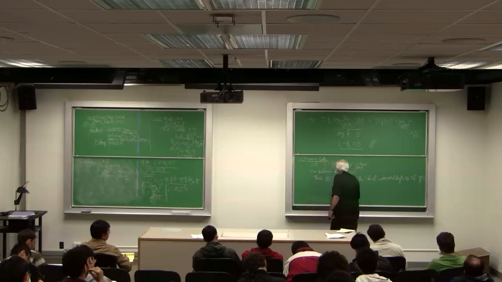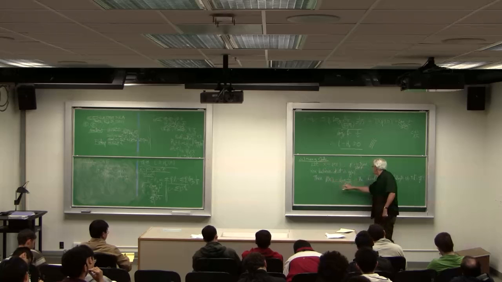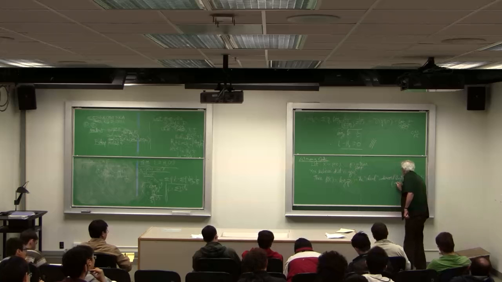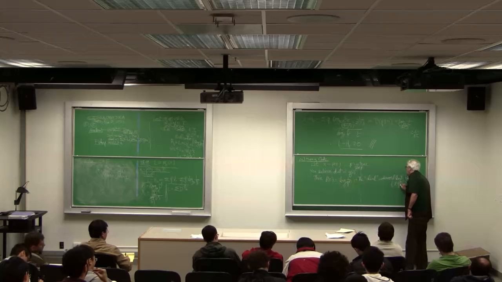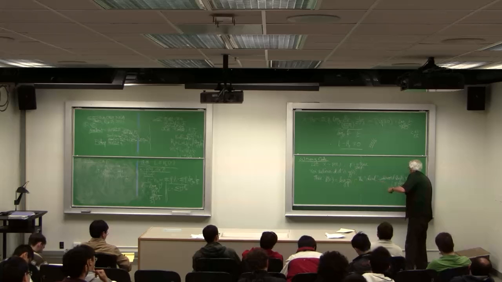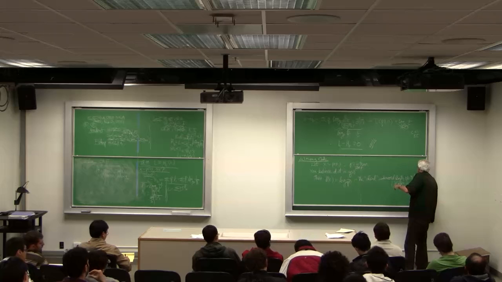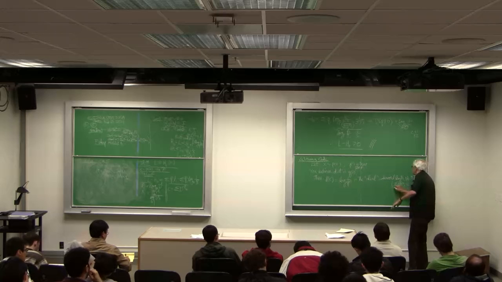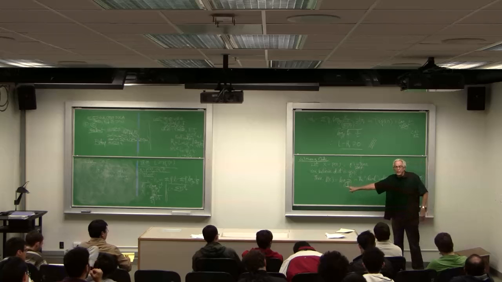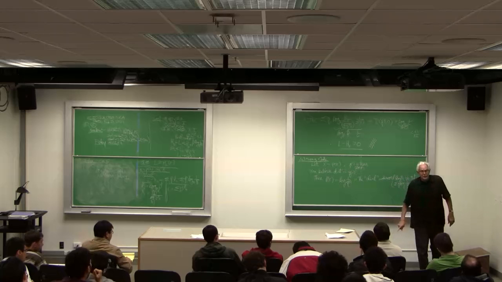Notice, if q is true, the summation of q log 1 over q equals H of q. In other words, we actually achieve the entropy lower bound by this.